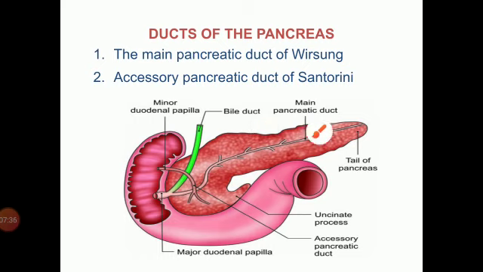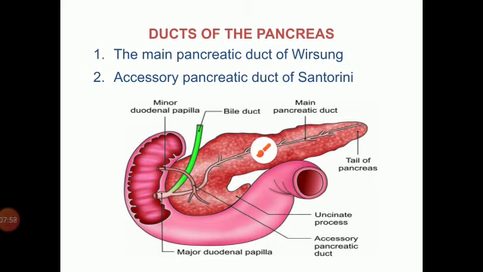It begins at the tail of the pancreas and runs towards the right through the body of the pancreas. It bends at the neck and runs downwards, backwards, and to the right, and runs in the head of the pancreas. Its lumen is about 3 mm in diameter.